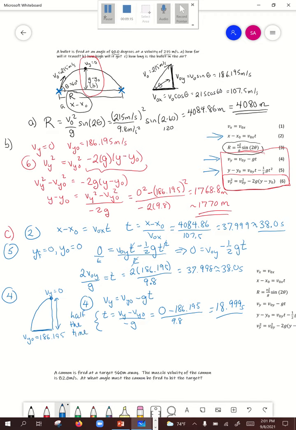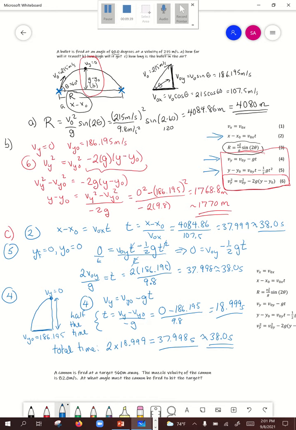The total time is twice this, so it's going to be 2 times 18.999, and I get again 37.998 seconds, which I'll round to 38.0 to 3 sig figs.